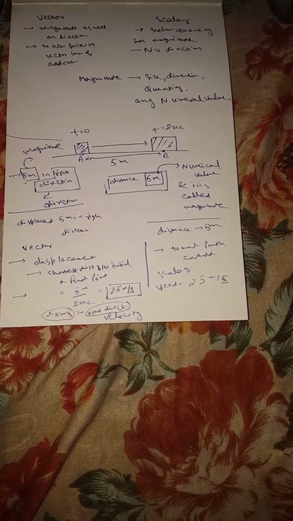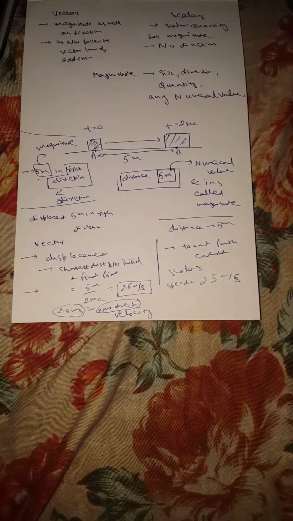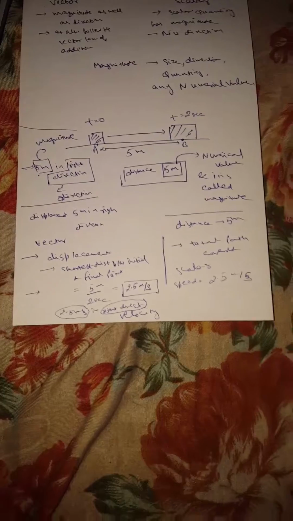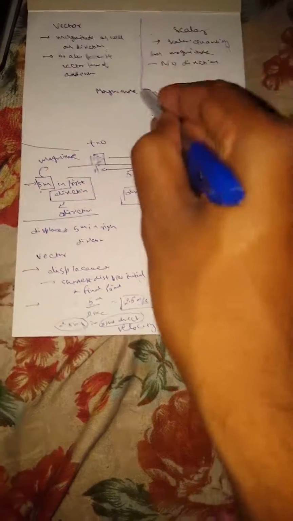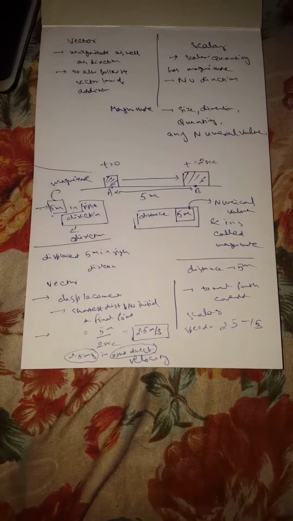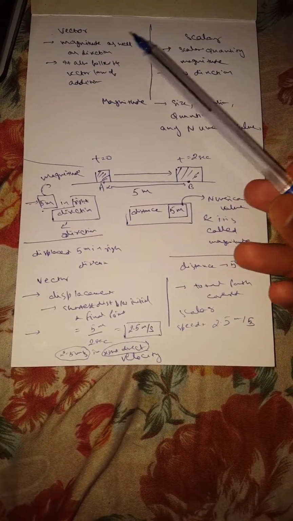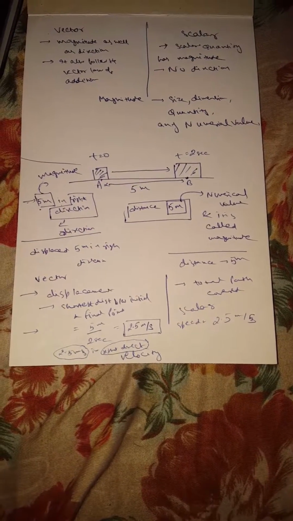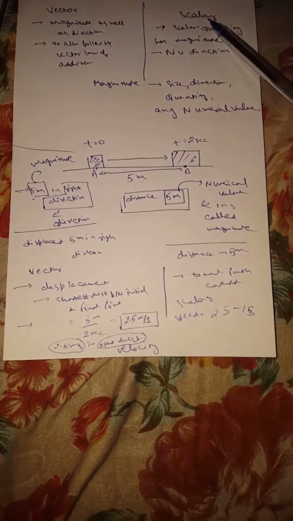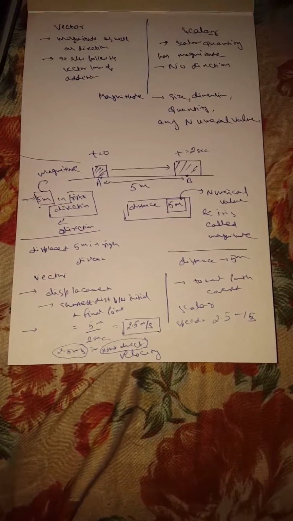So I hope I have made clear what distance, displacement and velocity are, and the main thing we are focusing on is scalar and vector. Let us revise the definition again. A vector is a physical quantity which has magnitude as well as direction, and now you can easily understand what magnitude and direction are. A scalar is a quantity which has only magnitude, no direction.